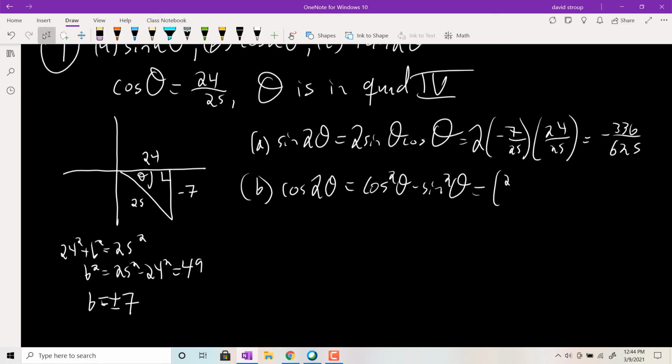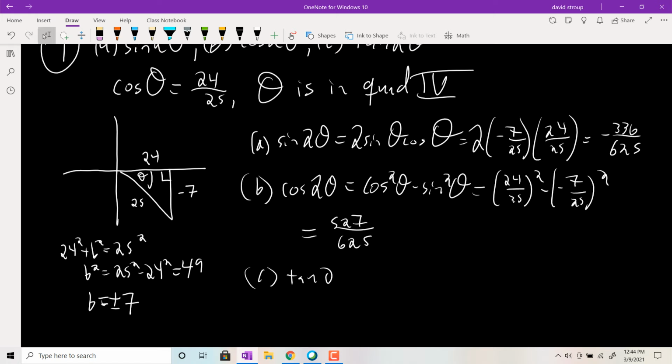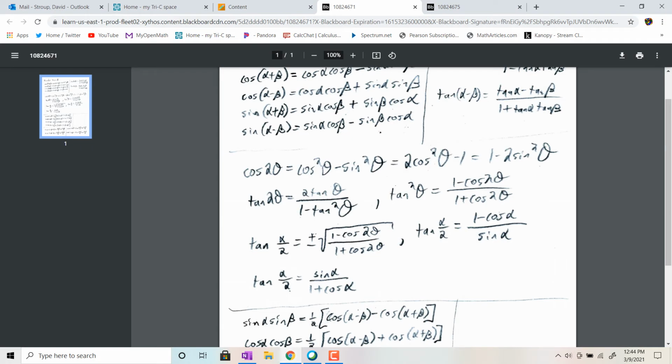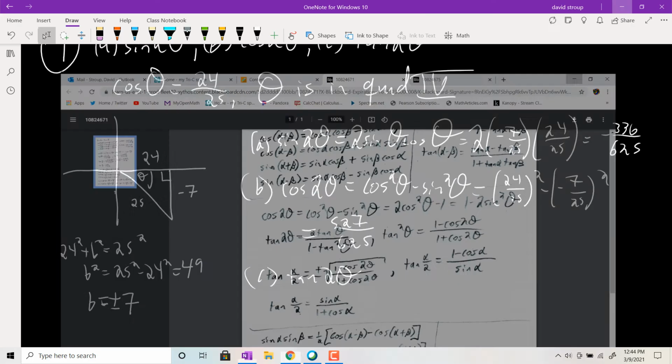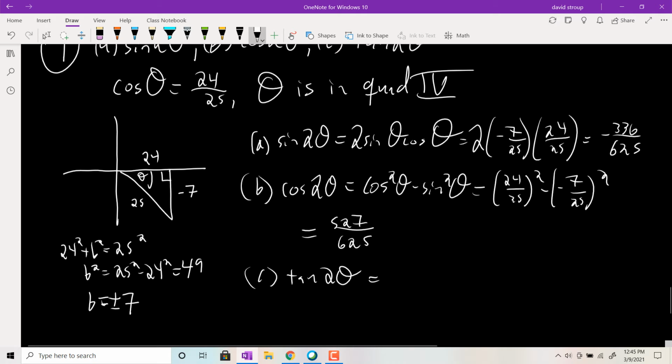So we're looking at 24 25ths squared minus negative 7 25ths squared. And if you plug that into your calculator, you'll get 527 all over 625. Okay. Part C, tan of 2 theta then. Going back to our formula sheet, tan 2 theta is 2 tan theta over 1 minus tan squared theta.